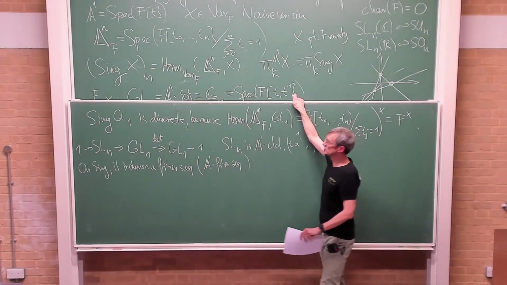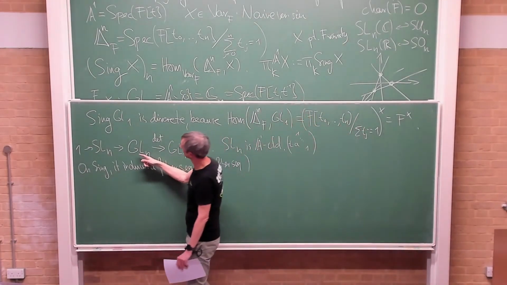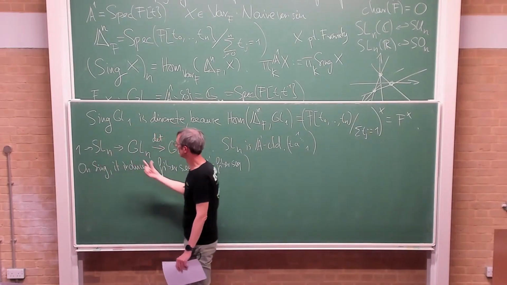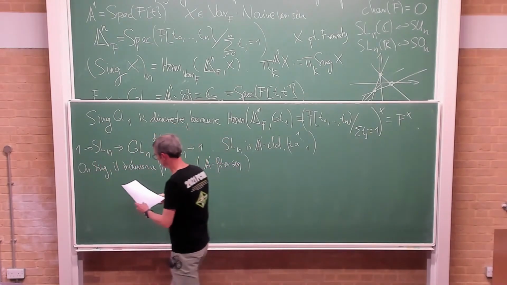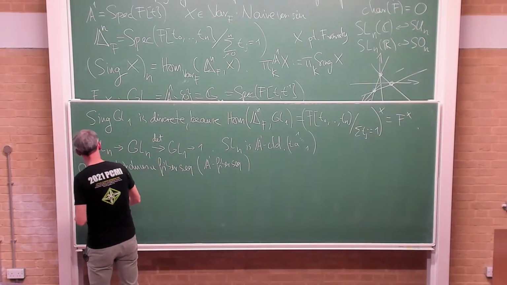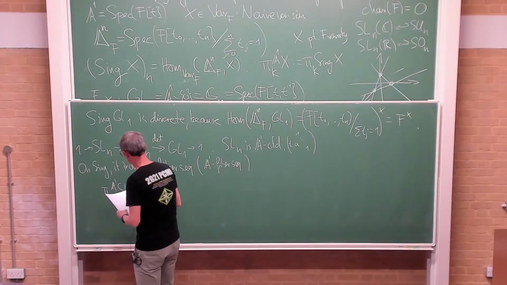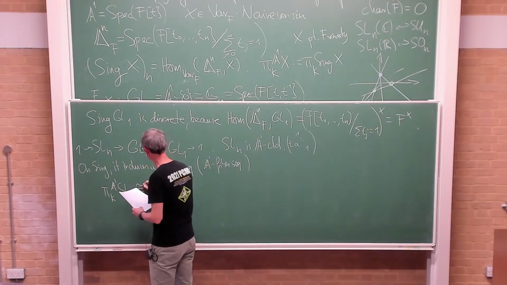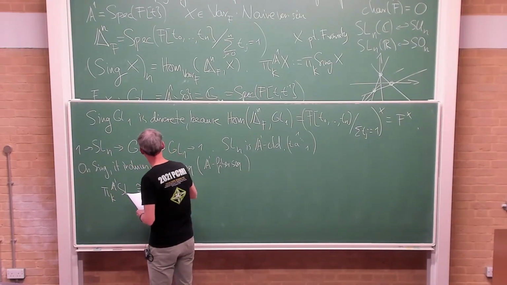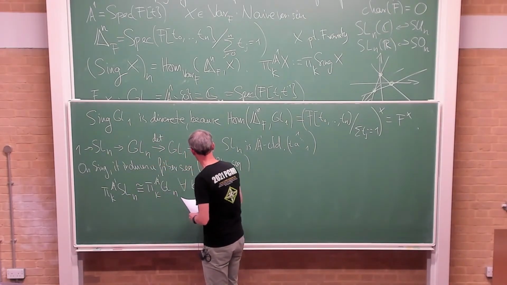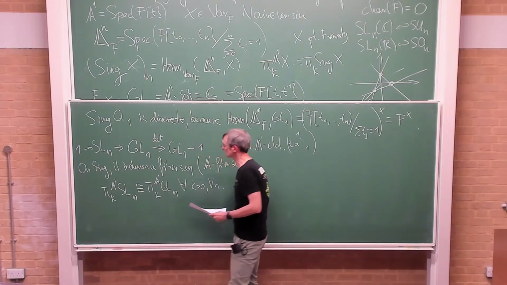And this means that the higher homotopy groups of GLN and SLN do not differ. And then the idea is to find out something about these groups. So this here holds for all positive K N.